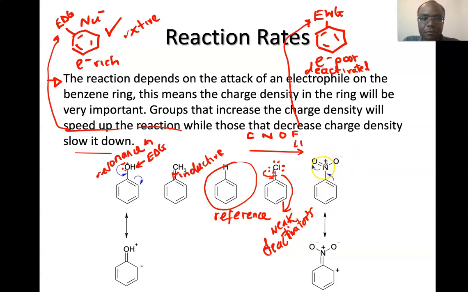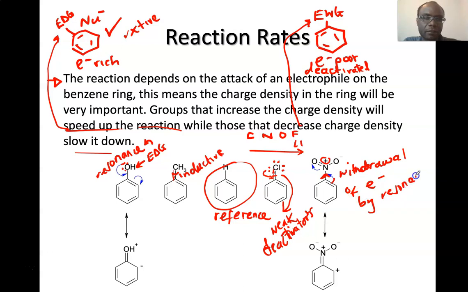Nitro, you see in the nitro, the nitrogen has a plus sign on it. That is a very strong electron withdrawing group. And in fact, you can withdraw electrons by resonance. So here you have withdrawal of electrons by resonance. In fact, it's both resonance and inductive effect.